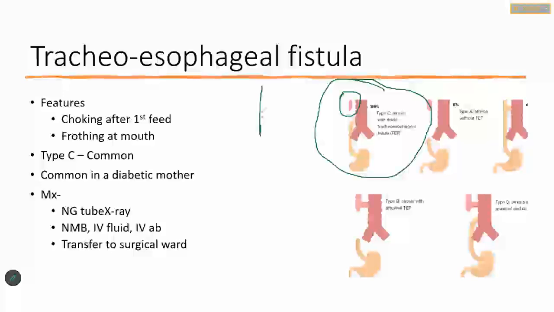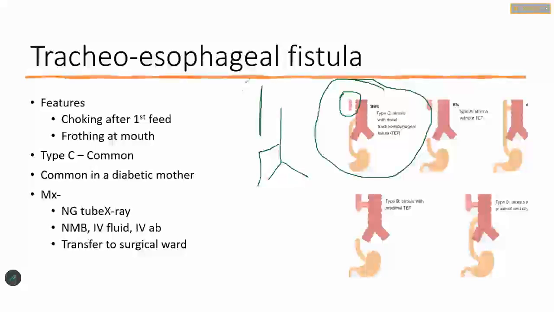The esophagus comes, the proximal end is a blind end, and the distal end is connected to the trachea. So this is type C. That is the most common type of tracheoesophageal fistula. If you know this type C, that is enough to answer the question.